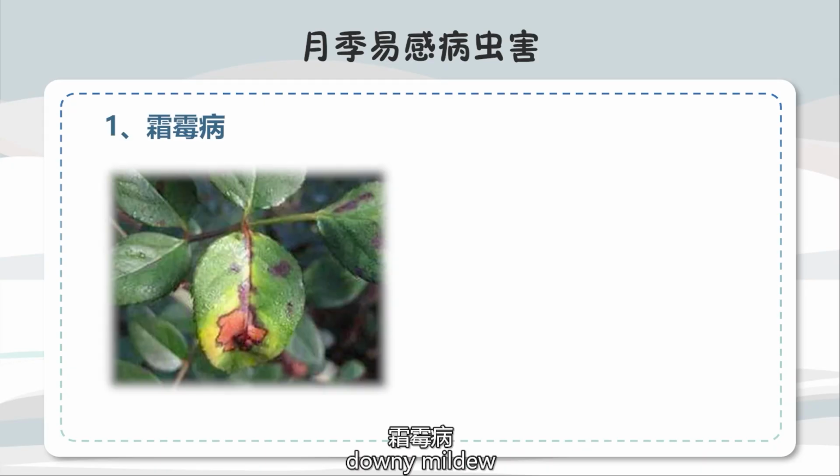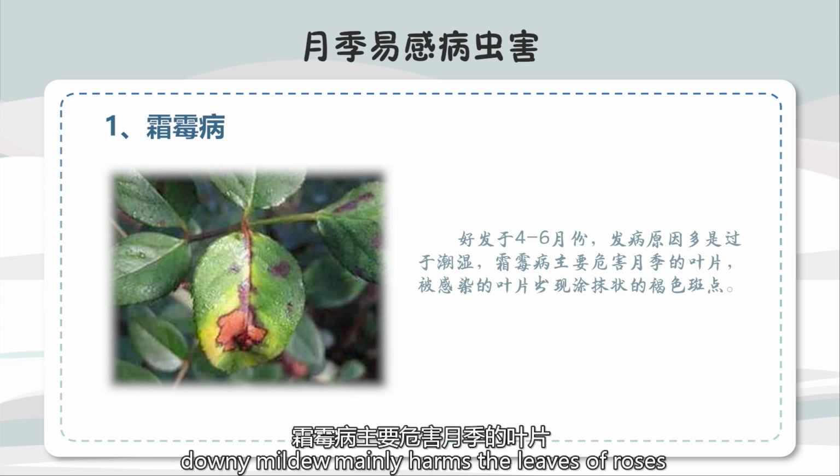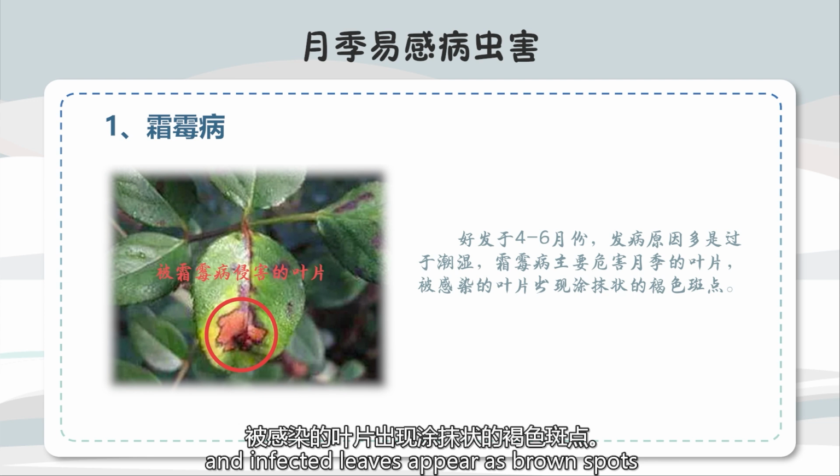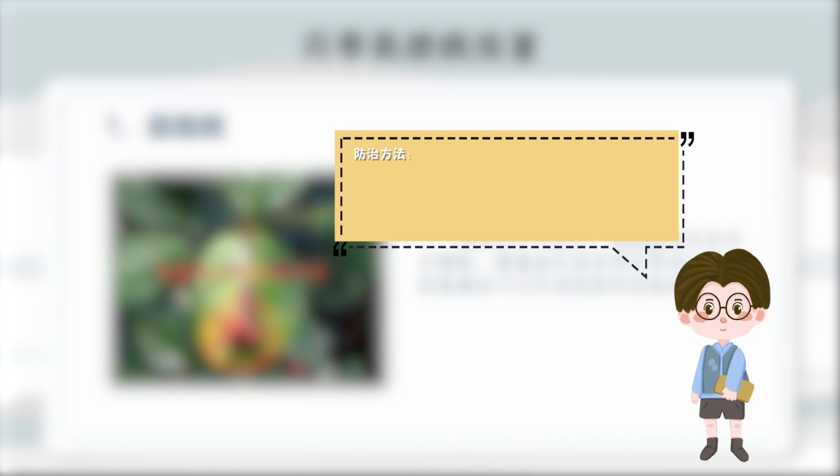1. Downy mildew. It is more common from April to June, and the cause of the disease is often excessive humidity. Downy mildew mainly harms the leaves of roses, and infected leaves appear as brown spots. Prevention and control methods.